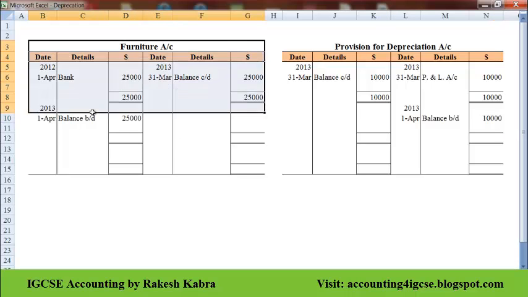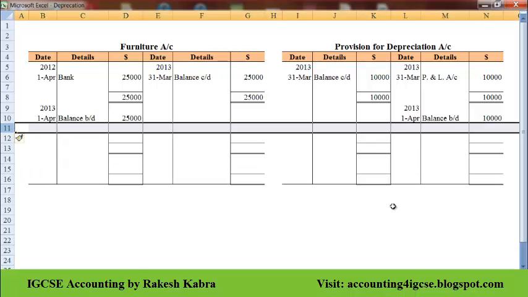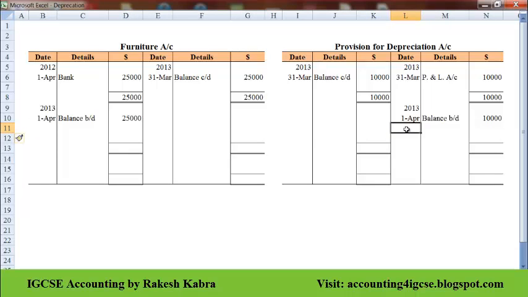Furniture is showing debit balance, and provision is showing credit balance, isn't it? Now again on the last date, when will the year be over? Tell me. 2014 March 31st. It's not taking, just a minute.